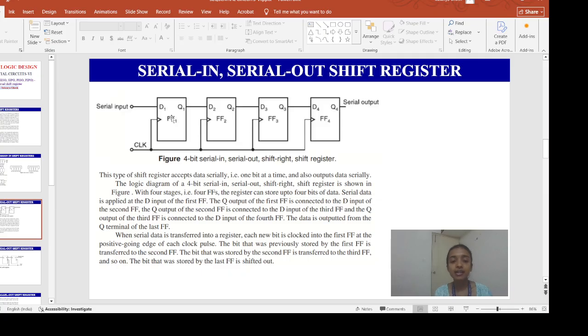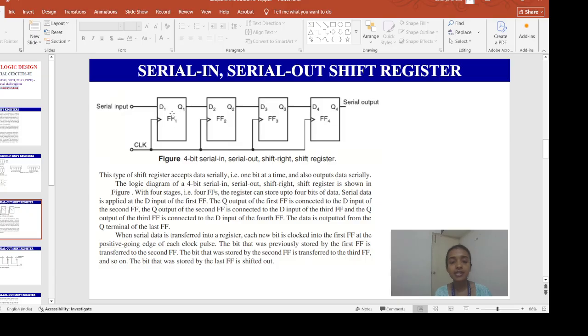When serial data is transferred into a register, each new bit is clocked into the first flip-flop at the positive going edge of each clock pulse. So these operations are active only when the positive going edge of the clock pulse is active.